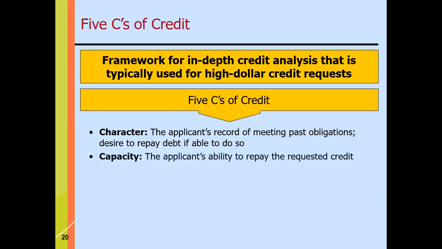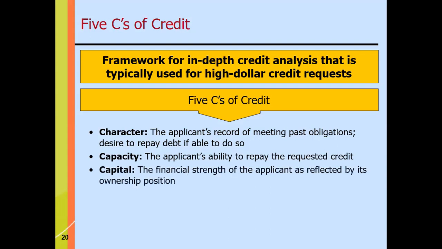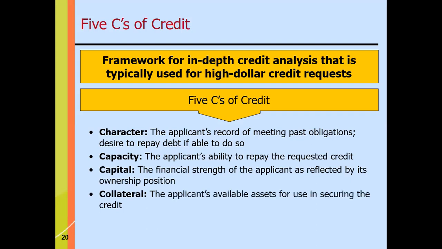Then capacity is all about the ability to repay the requested credit. Then capital is all about the ownership of the applicant, so all applicable assets. Then collateral is what assets are available to support the credit.